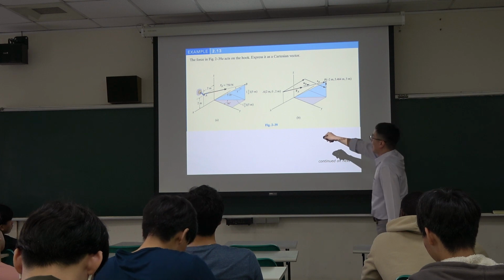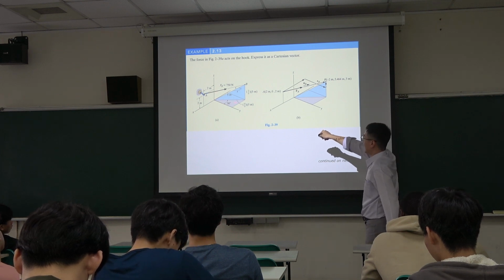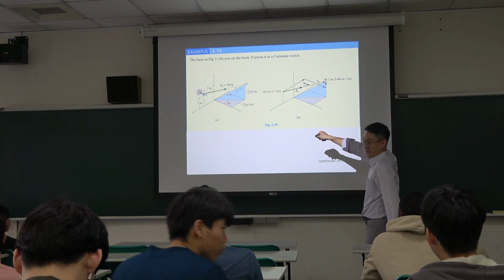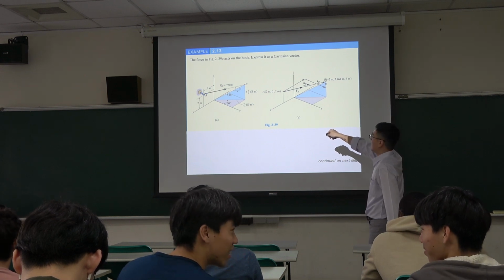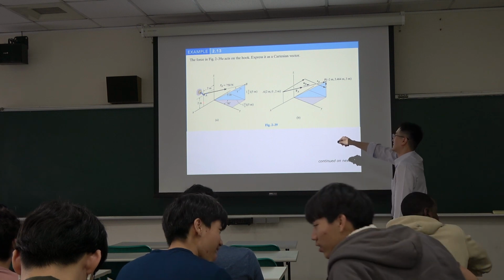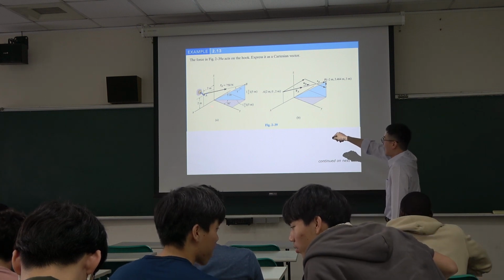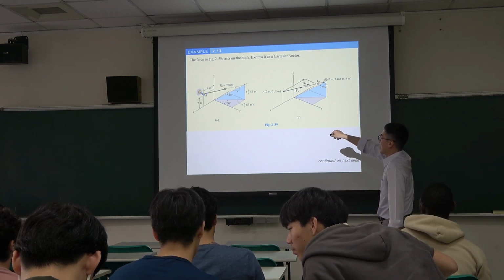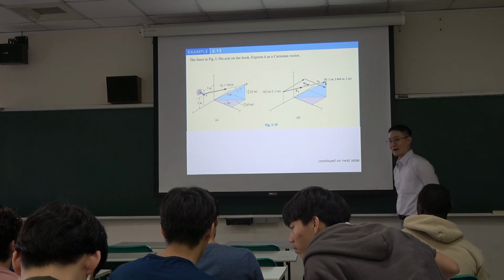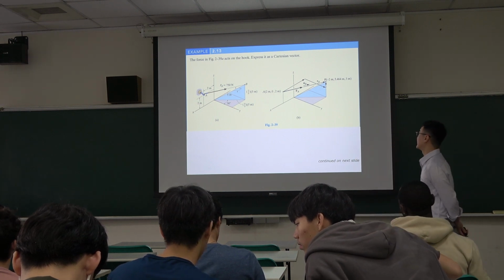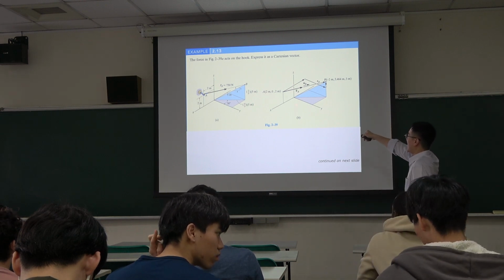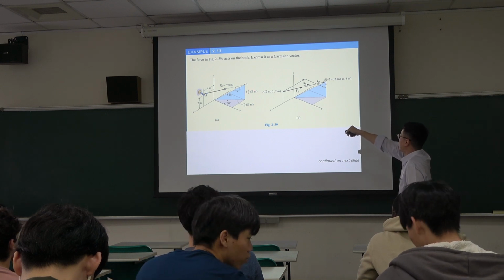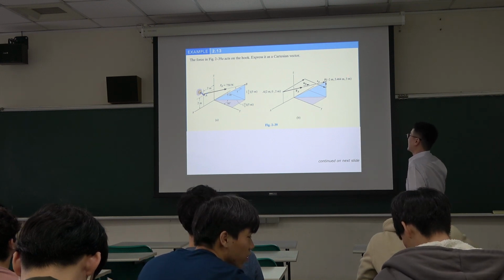So if we know this is 4 meter, and we also know 30 degrees, we can use sine and cosine to work out: sine 30 degree is x value, and cosine 30 degree is y value. So we can work out x, y, z. Z can be observed from here, which is 3.